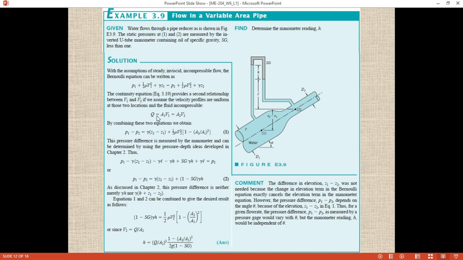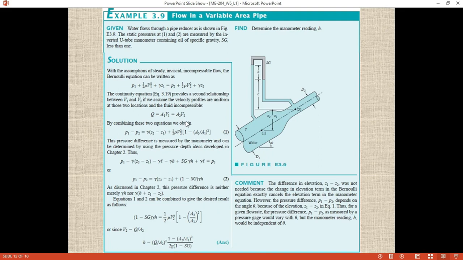Here Q equals A1 V1, and Q equals A2 V2. So we replace this velocity; we took V2 common from here. So what will happen? It will become V1 over V2.